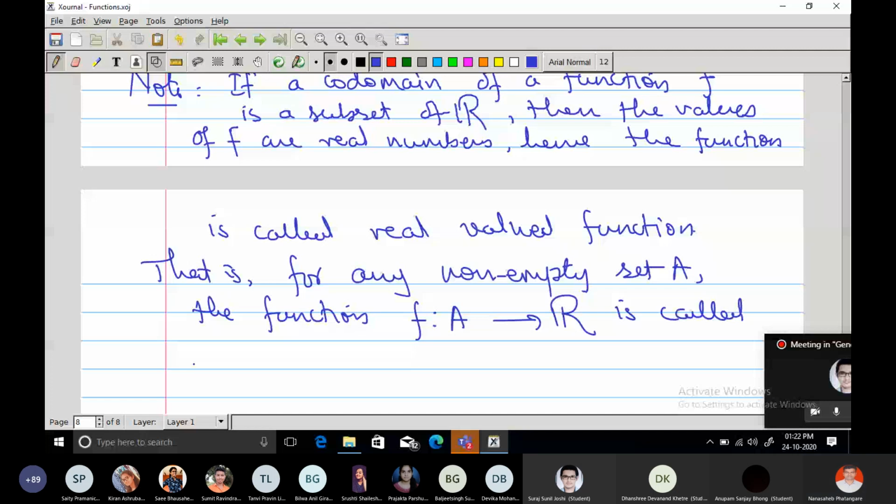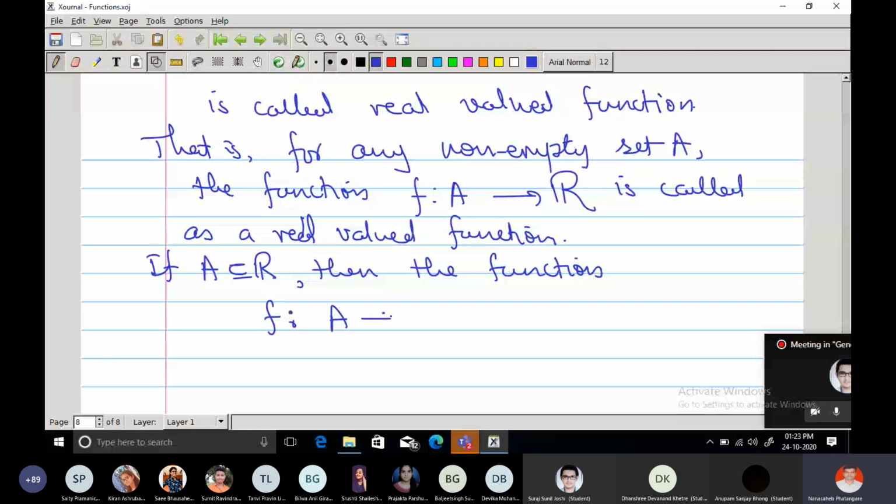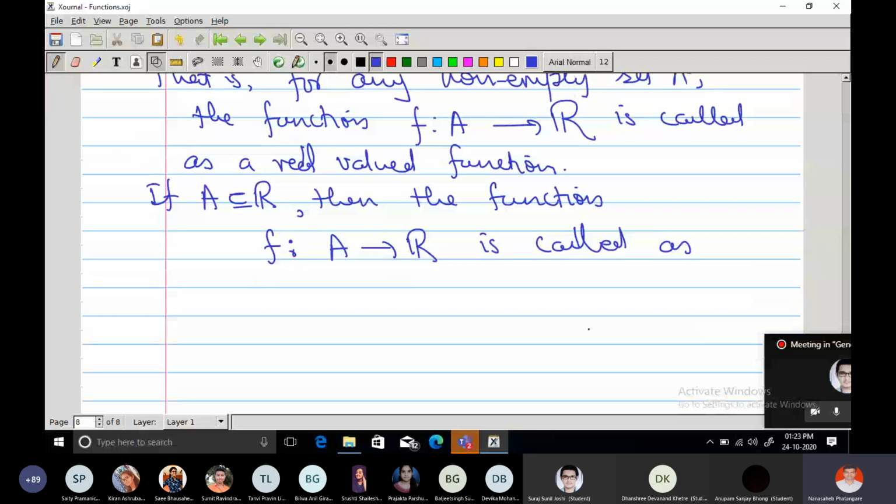Moreover, if A is a subset of R, then a function f from A to R is called a real valued function of a real variable.